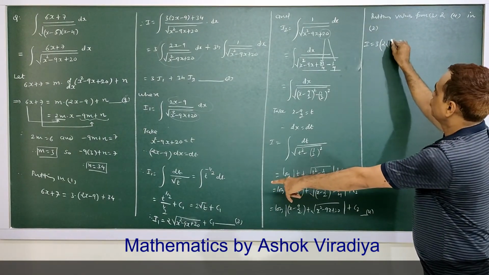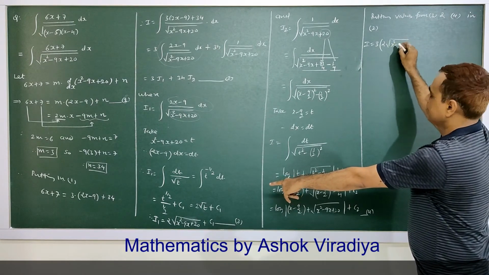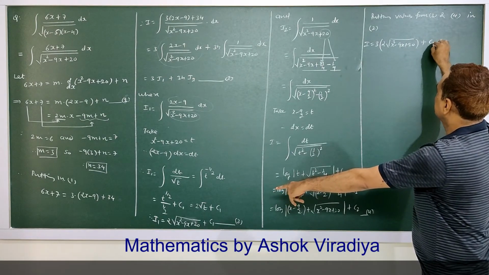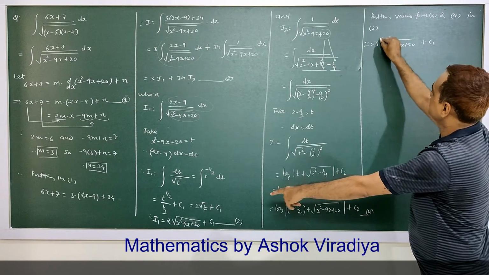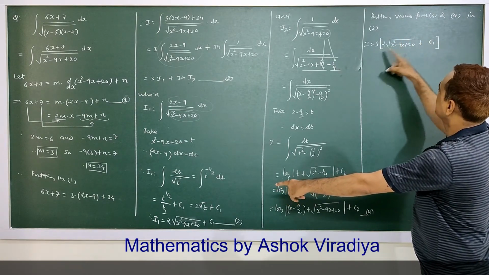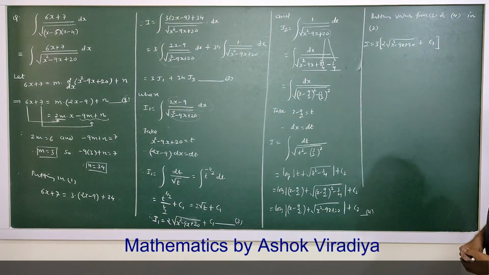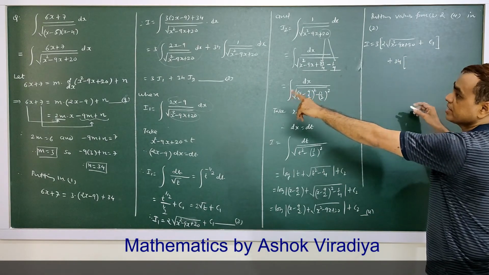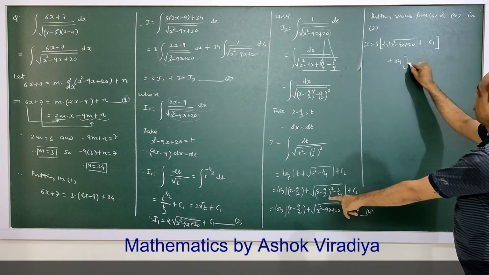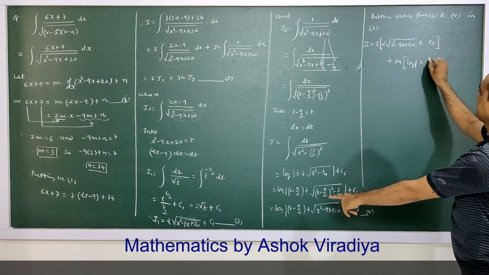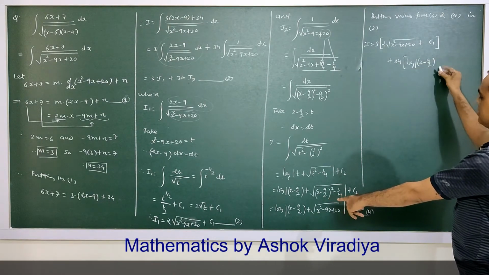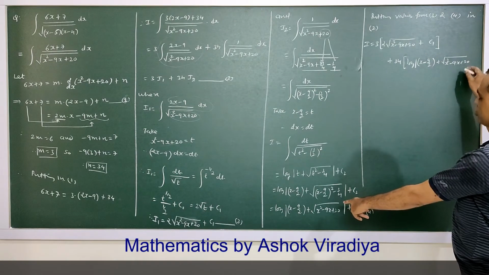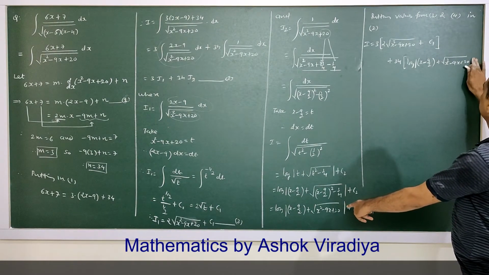I1 is 2 root x square minus 9x plus 20 plus c1. So 3 times I1, plus 34 times I2. This is I2: log mod x minus 9 by 2 plus root x square minus 9x plus 20, plus c2.